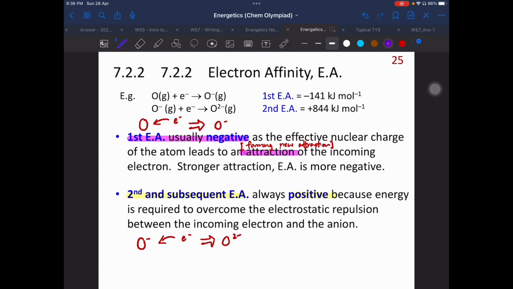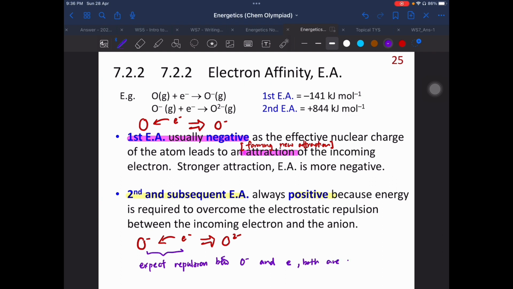Now, when you're trying to add in this, you expect some repulsion. Why is there repulsion? Because the O minus is a negative ion and the electron is also negatively charged, right?